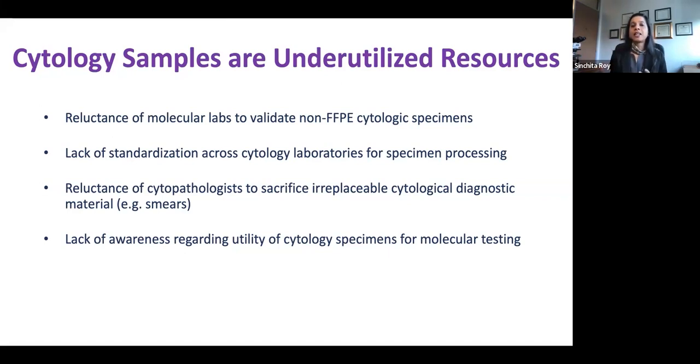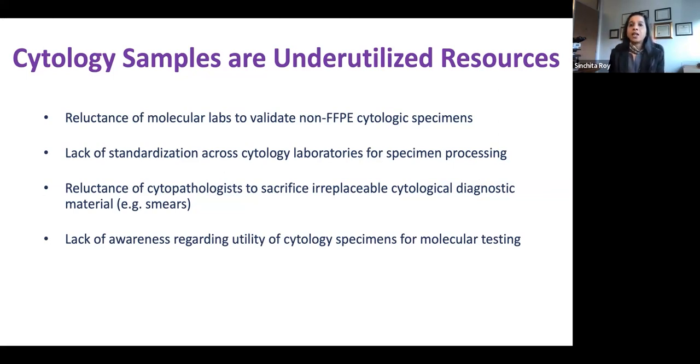And I think that is probably the key reason why some of these reference labs tend to be a little reluctant in terms of accepting non-formalin fixed tissue, because they have not validated for all of the variable factors that are introduced during specimen processing.